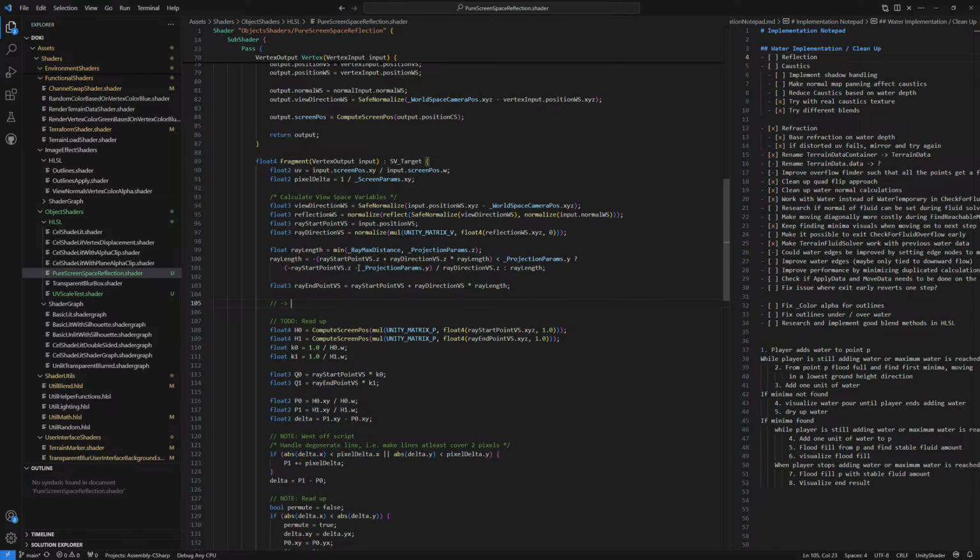Honestly, if we would be working in a view space where we look in the positive Z direction, how would this make sense? This would be negative. This would also be negative though. I don't know about this.